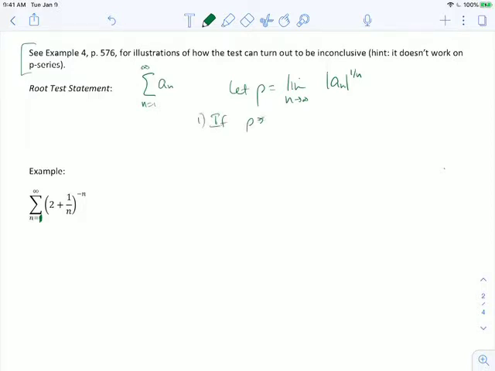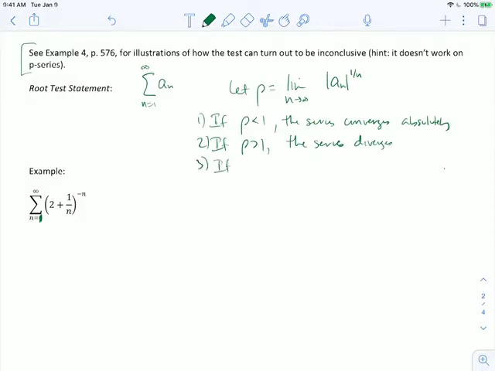The conclusions of the root test are exactly the same as those of the ratio test. If rho is less than 1, the series converges. If rho is bigger than 1, the series diverges. And I should have said converges absolutely up here.